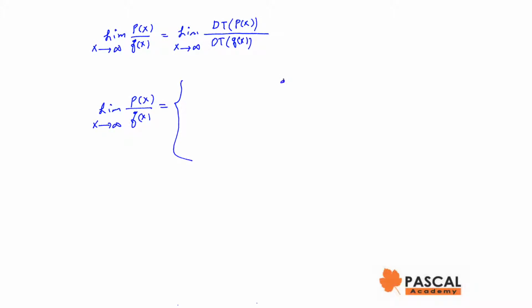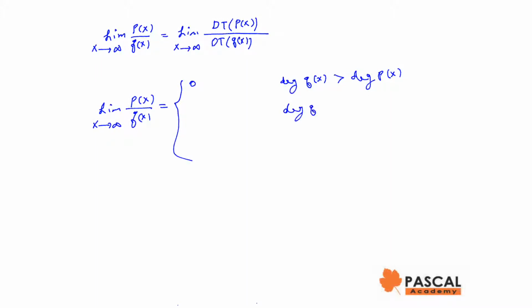If the degree of the denominator is bigger than the degree of the numerator, then the limit is 0, because the dominant term of the denominator is more. When we reduce it, we have x at the denominator of the fraction.